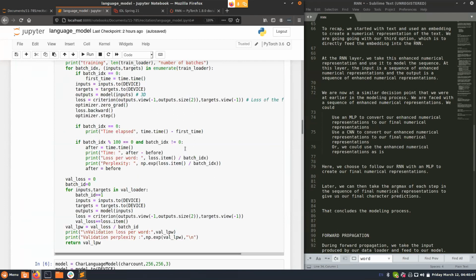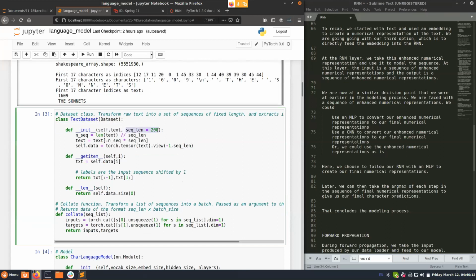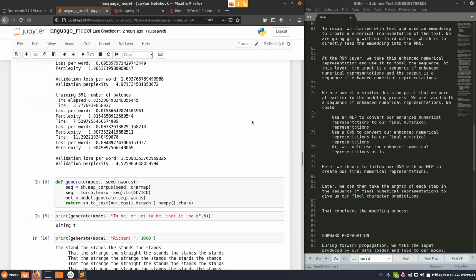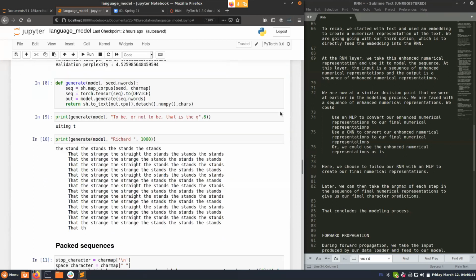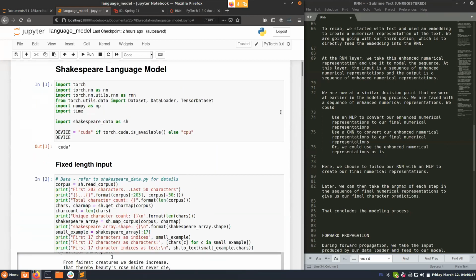This implementation that we have here is with a fixed sequence length, so you might want to know how to do variable sequence lengths, and we give an example of how to do that with packed sequences, if you wanted to look ahead. But that's it for this recitation. I think we're right on the dot.